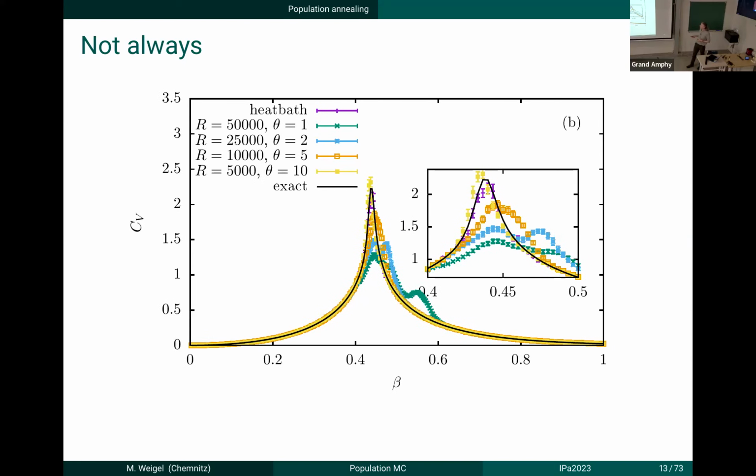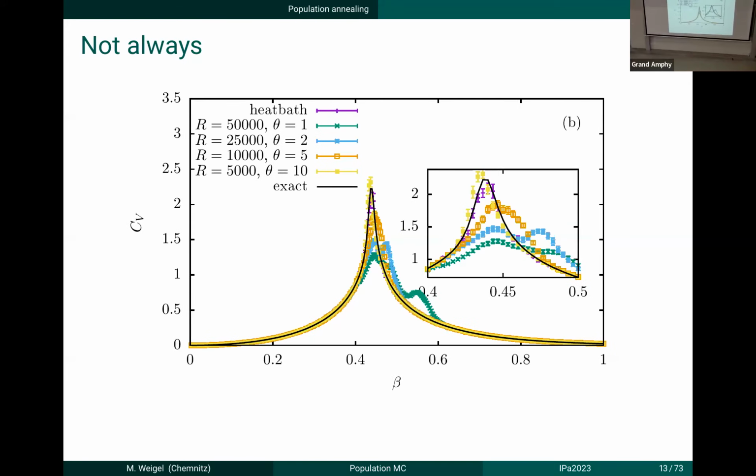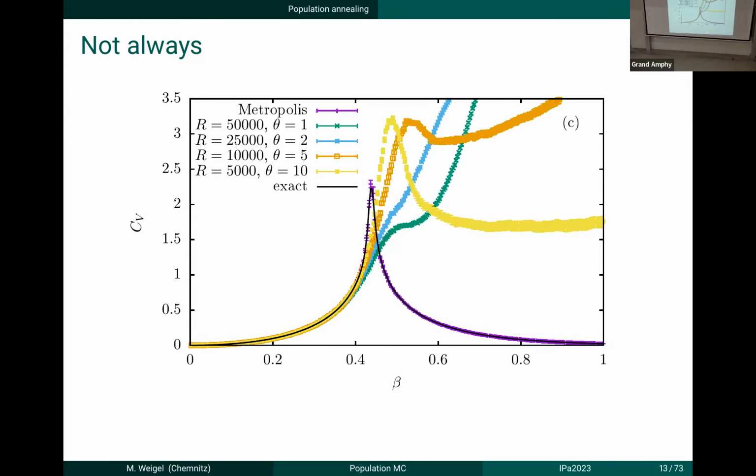Okay, so one needs to monitor this. This is just for illustration, very dramatic deviations. The difference between this picture and this picture here is that in this case, we didn't do resampling. You could also say, let's just do, in parallel, some kind of annealing for each of the copies without ever doing any resampling.